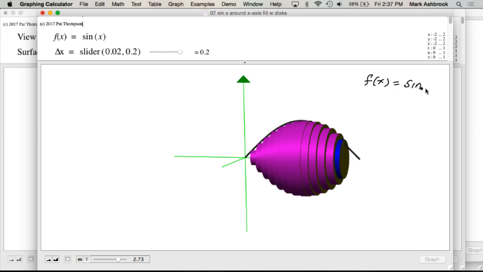We want to write the rate of change of volume with respect to x. Why? Because we've got delta x intervals. So think of that cylinder in the current interval. It's blue, and all the other ones are pink.